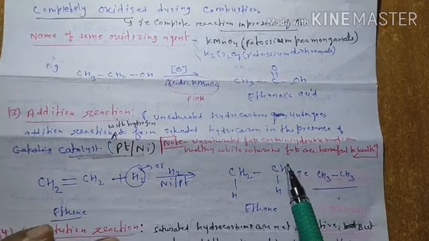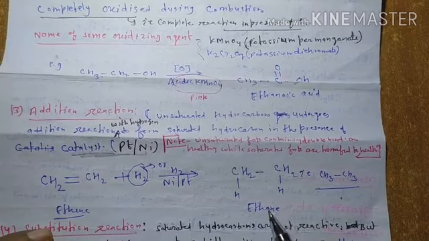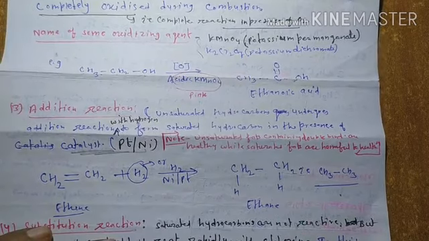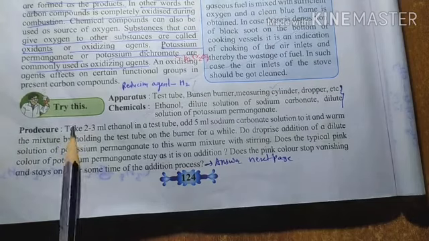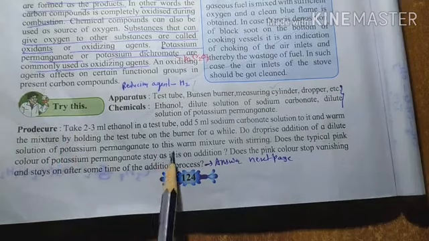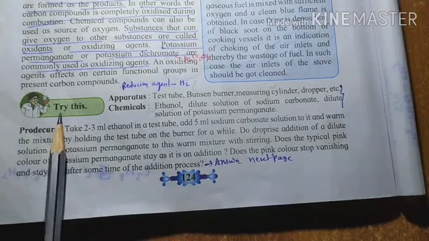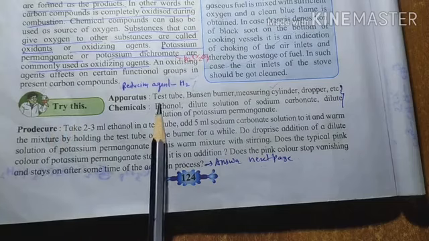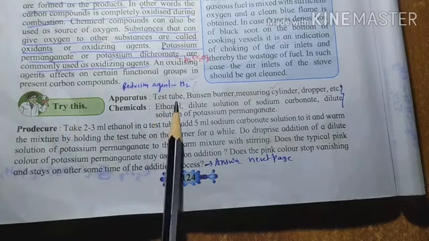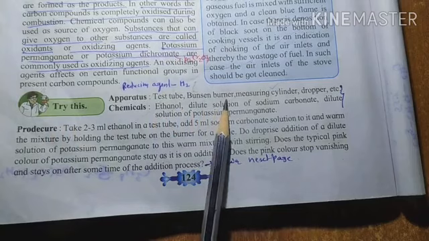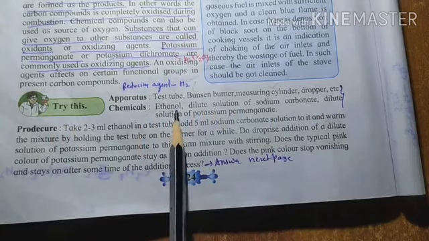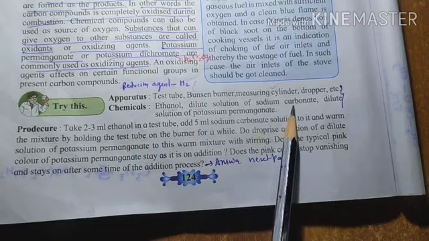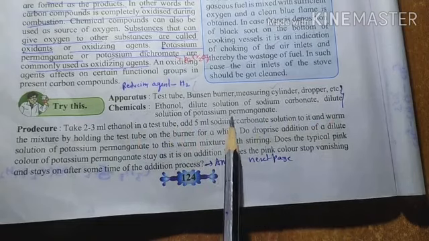Next, there is one activity on whatever I have explained. Try this. Apparatus: test tube, Bunsen burner, measuring cylinder, dropper, etc. Chemicals: ethanol, dilute solution of sodium carbonate, dilute solution of potassium permanganate.